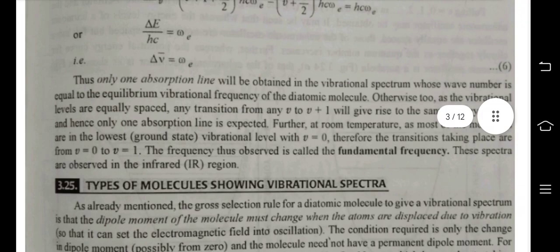Thus, only one absorption line will be obtained in the vibrational spectrum whose wave number is equal to the equilibrium vibrational frequency of the diatomic molecule.